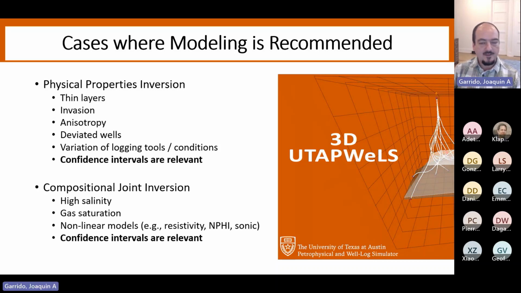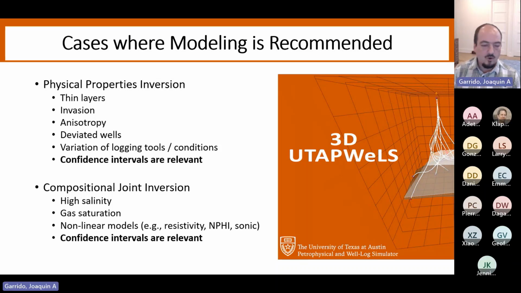And then more specifically, why would you do compositional joint inversion the way we're proposing it here? If you have high salinity, gas saturation, or more generally, if you have any model that is nonlinear, the less linear the model is, the more relevant it is going to be to do what we're doing here.